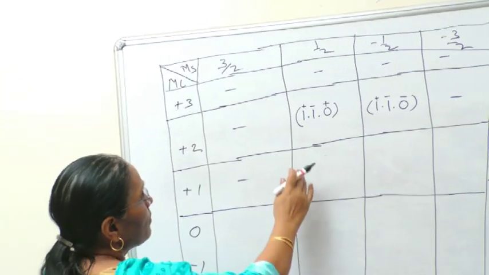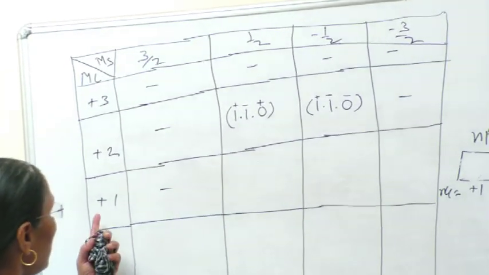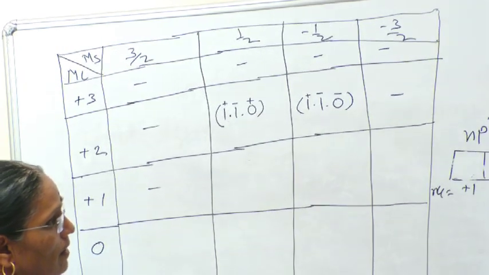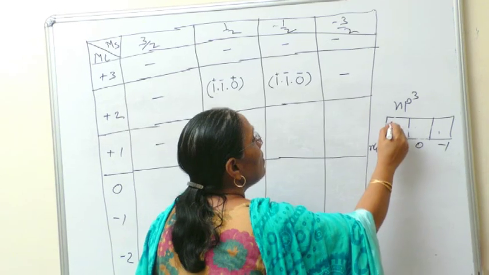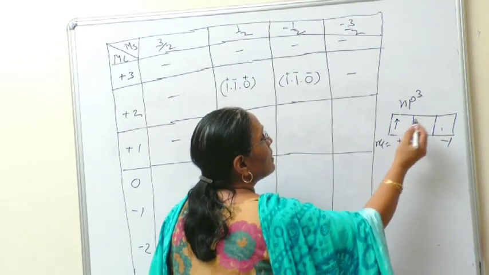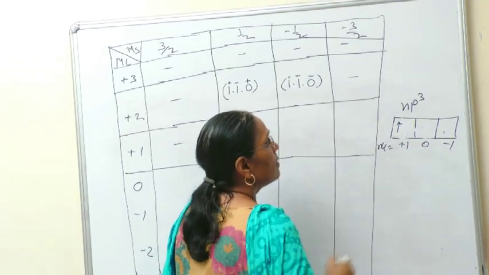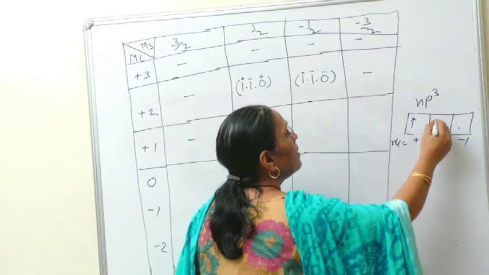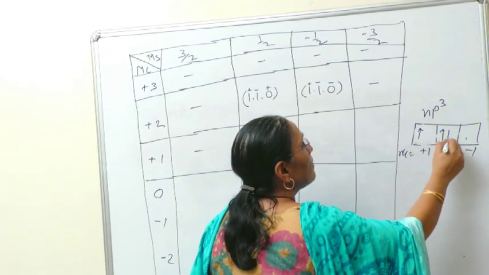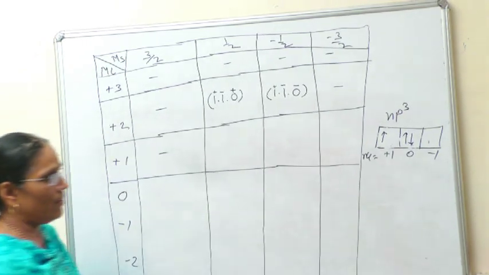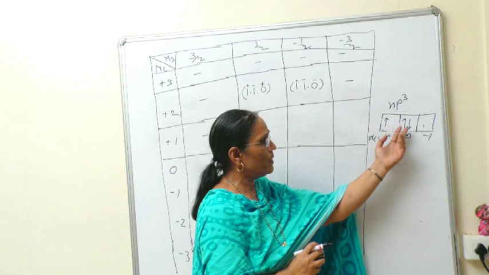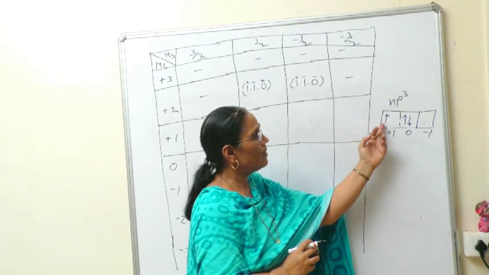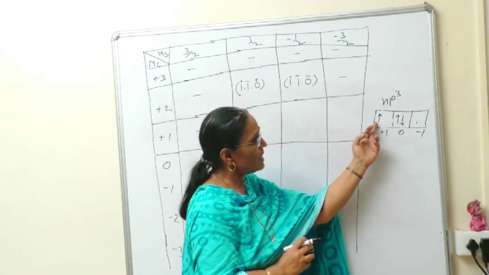Now for this plus 1/2 spin and plus 1, we can arrange the electrons: 1 electron in plus 1 and 2 electrons in the 0 ml value. So for this, 2 electrons are up spin and 1 electron is down spin, the spins get cancelled and the total spin remains plus 1/2.